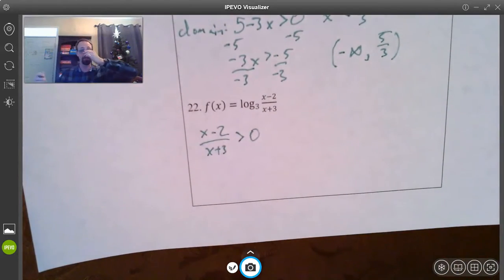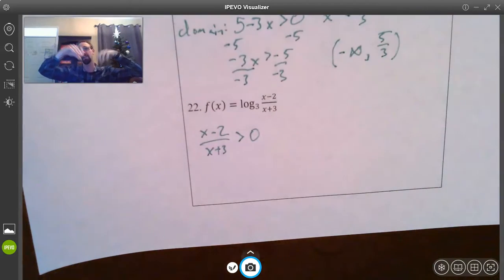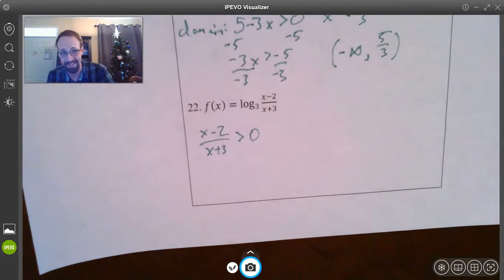Now, a lot of students will multiply x plus 3 on both sides. Okay, that's fantastic, but then we're getting rid of all of these values that we're dividing by. Instead, we need to think about what's really happening here between these. We need to find when these values are positive. I can't have negative values.